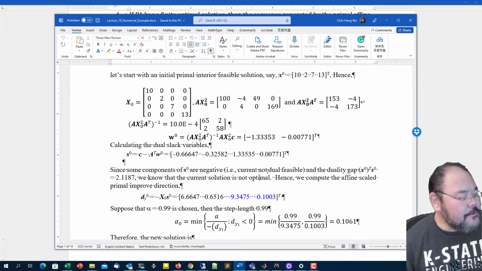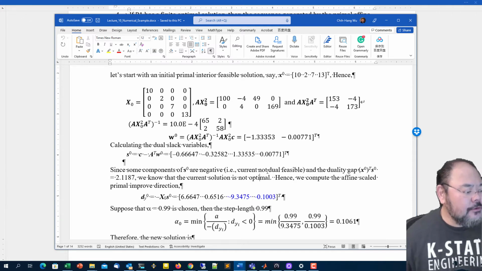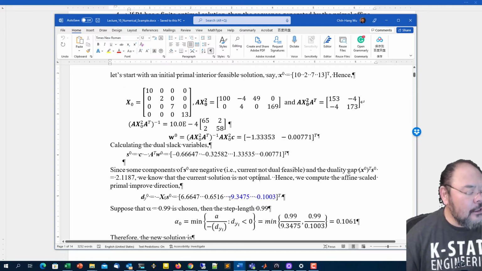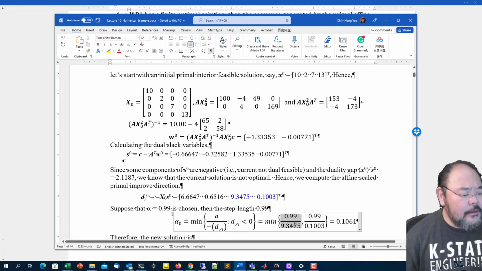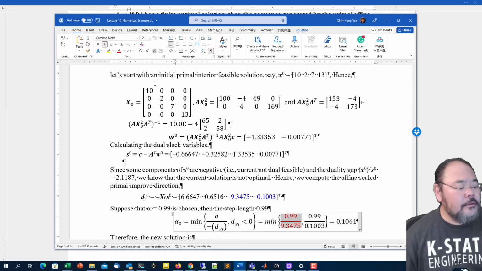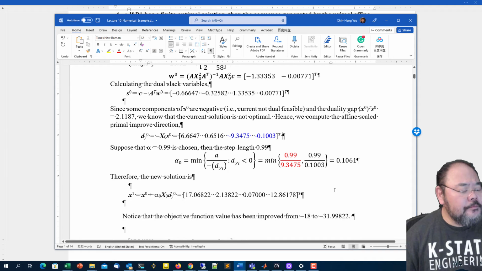Assuming alpha is 0.99 divided by those two negative values, the minimum one of those will be this one, 0.1, which is the smallest one. 0.1061 is my step size, alpha naught.